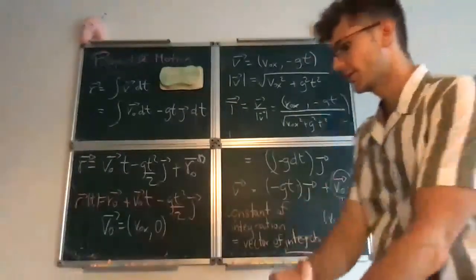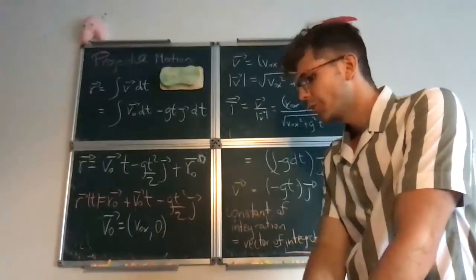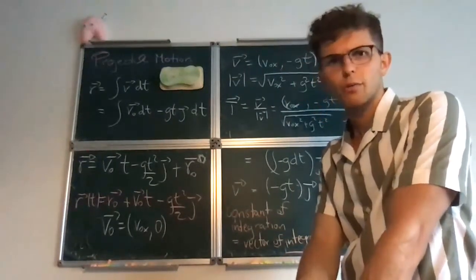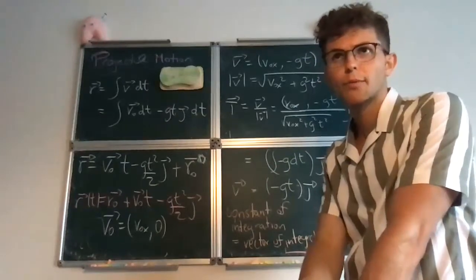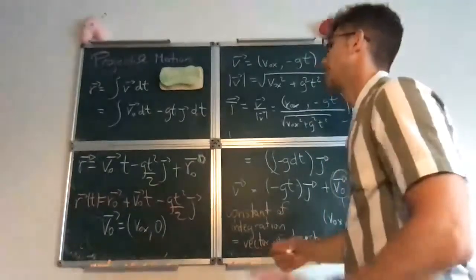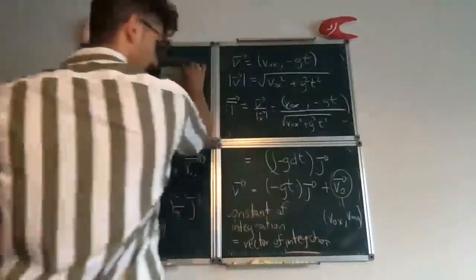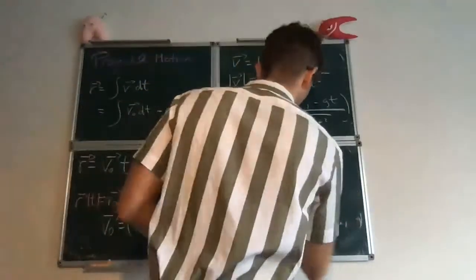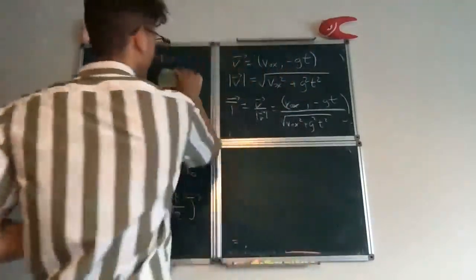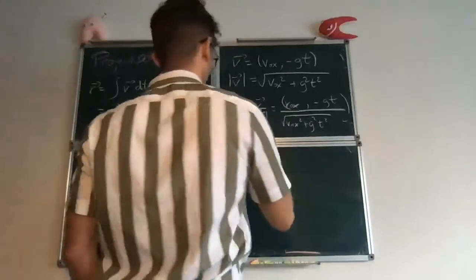And then what do we need for the curvature? The curvature was 1 over speed times the norm of the derivative of the tangent vector with respect to t. So we need to find the derivative of the tangent vector with respect to time.